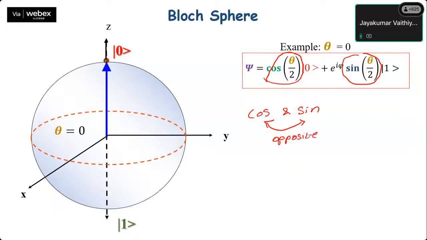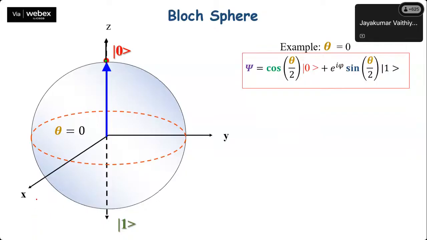So recall the trigonometry. Sine and cos, we use to represent opposite dimensions or opposite signals. If you don't know the length of one side of a triangle, you can apply sine, or if you don't know the other side, you can apply cos. So sine and cos are complementary or opposite to each other.